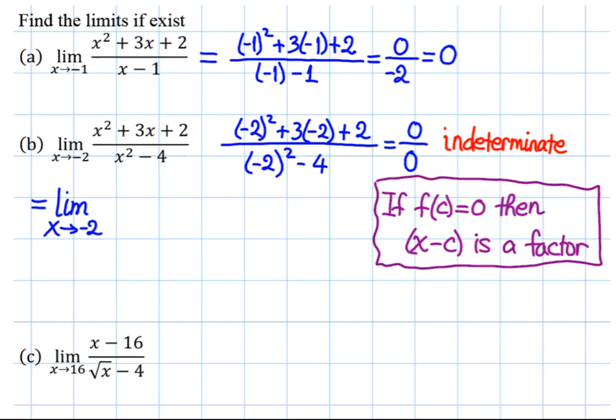So go back to our problem. Because the top equal to 0 when we put x equal to -2, it has to have x minus -2 as a factor according to that theorem. x minus -2, I just write x plus 2.